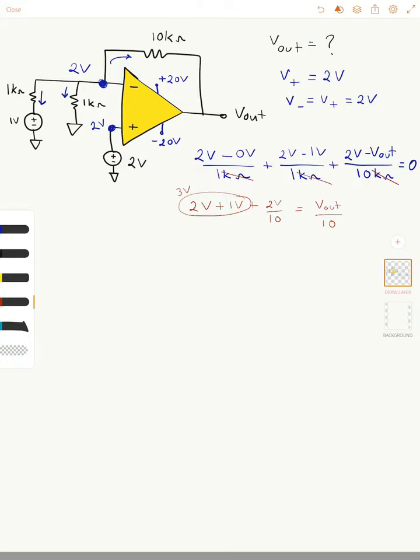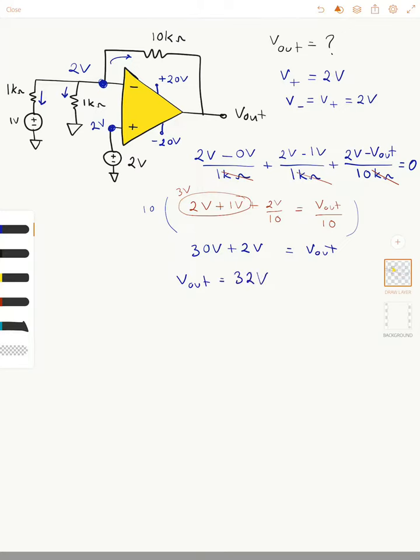So if you do the same common denominator for everything, so you multiply the whole equation by 10, right? What we end up having is 30 volts plus 2 volts equals to V out. So V out equals to 32 volts.